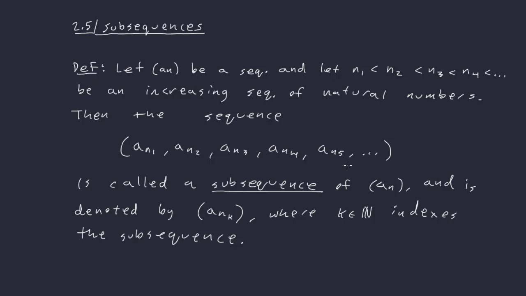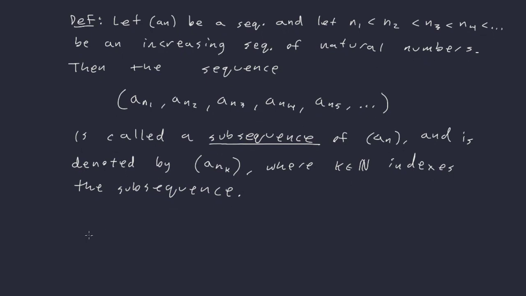What you basically should know about subsequences is, I think of them this way. Here's the normal sequence, and this is where n is in the naturals. The subsequence n sub k, you can think of this as k is going through the naturals, and n is a subset of the naturals.